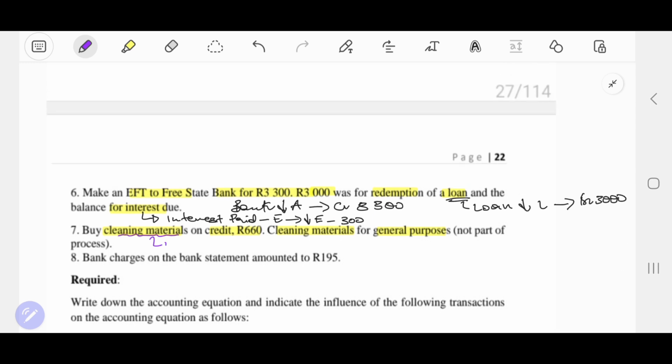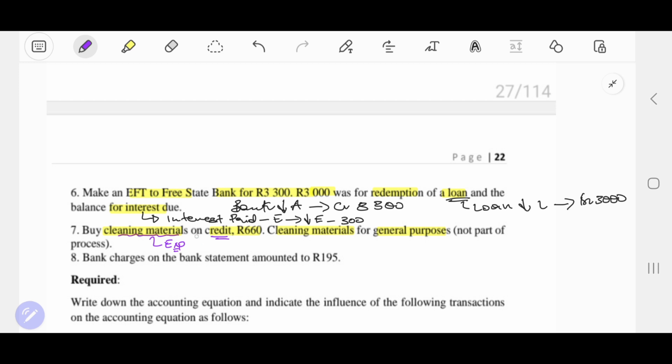So this is an increase in a liability because we bought this on credit. Remember, the definition says an expense is a decrease in assets or an increase in liabilities. So this time it's also going to be an expense, but which leads to an increase in liabilities.